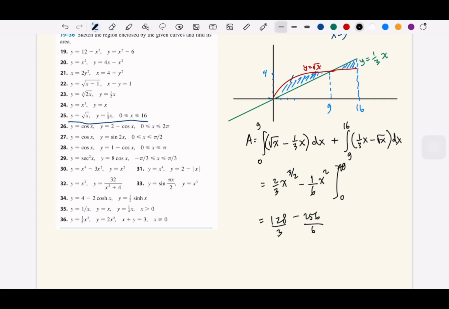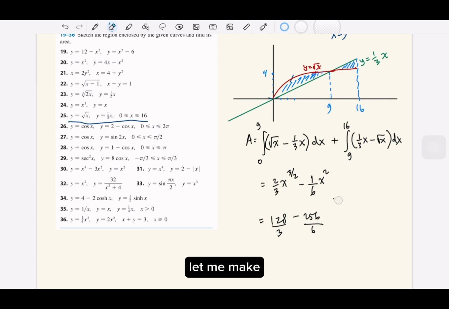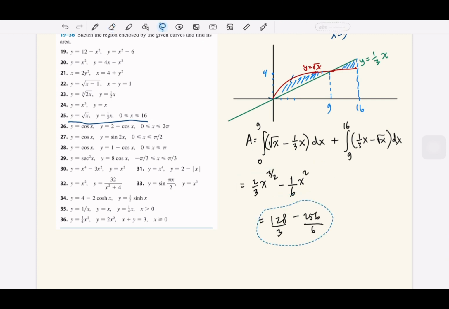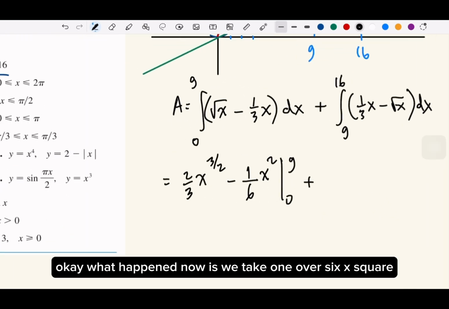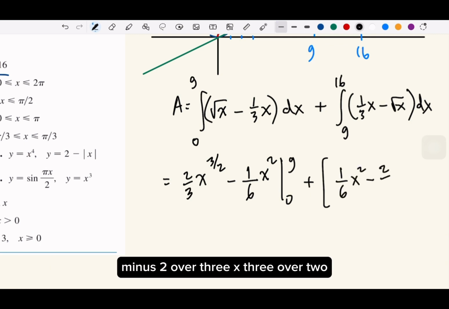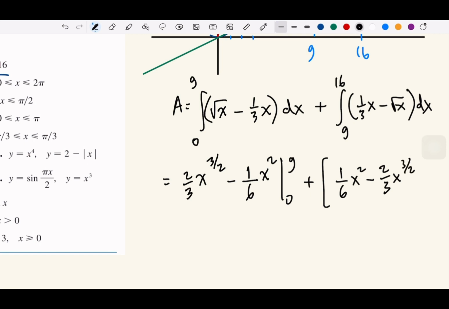Let me erase. Okay, what happens now is we take 1/6 x squared minus 2/3 x to the 3/2.